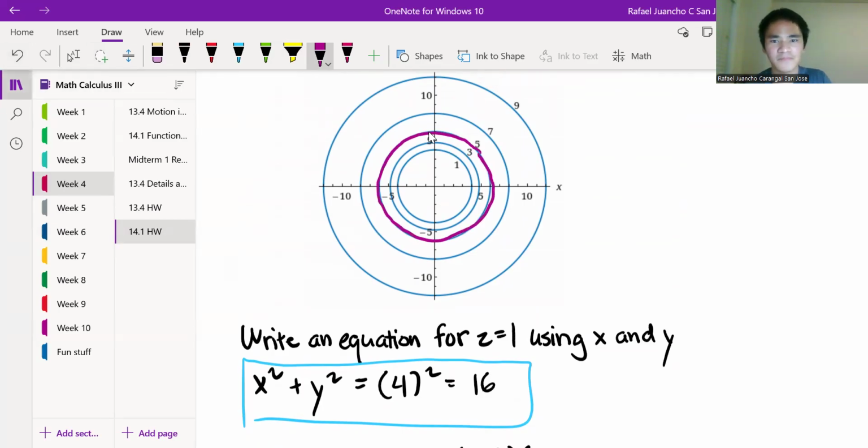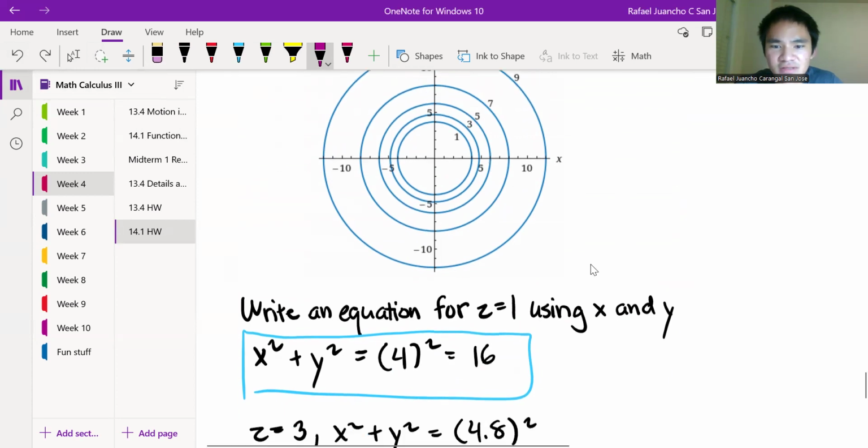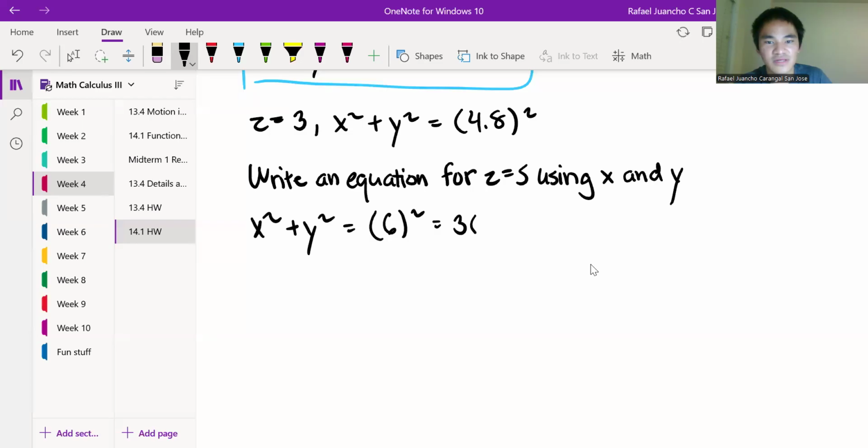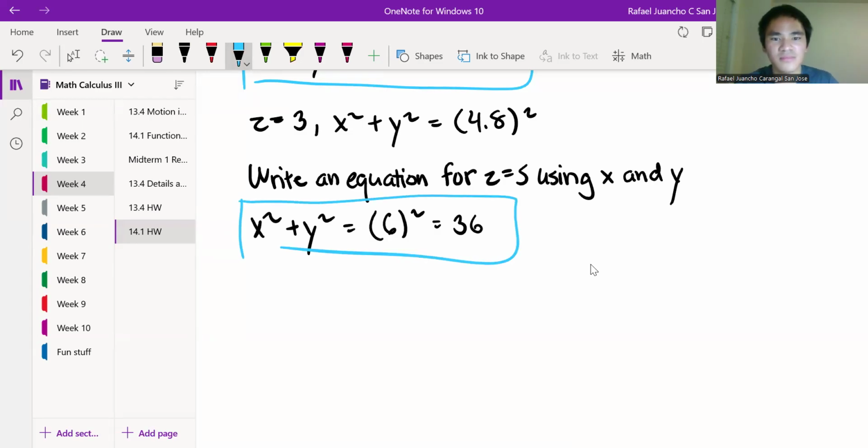Now, what is this? Again, there's too many circles. It has a radius of, I believe, 6. That definitely looks like a radius of 6. So x squared plus y squared equals, with a radius of 6, I square that, I get 36. Done. I think it's that.